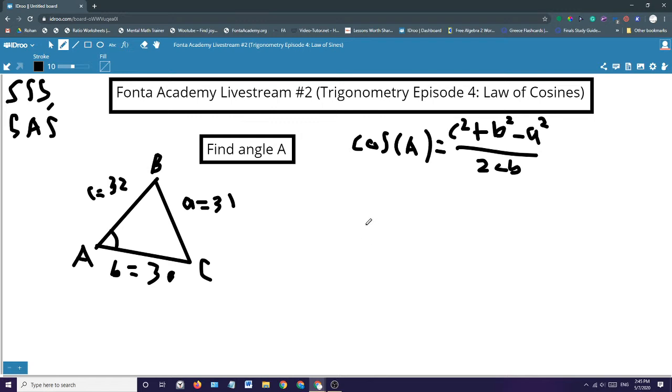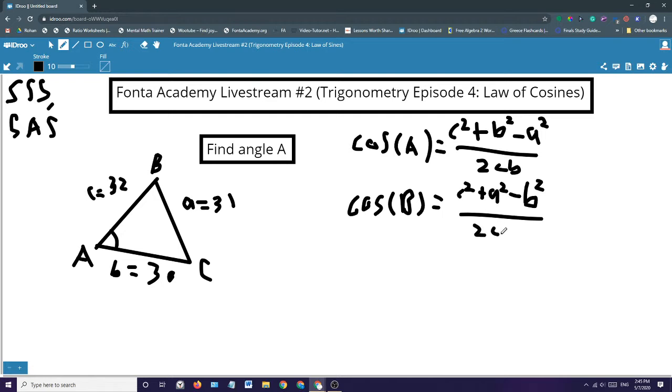And cosine angle B is equal to c squared plus a squared minus b squared over 2 times c times a.